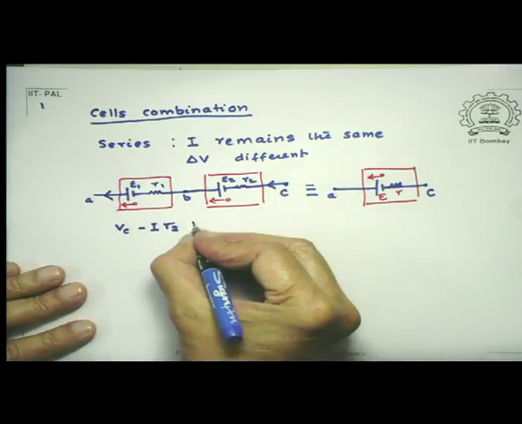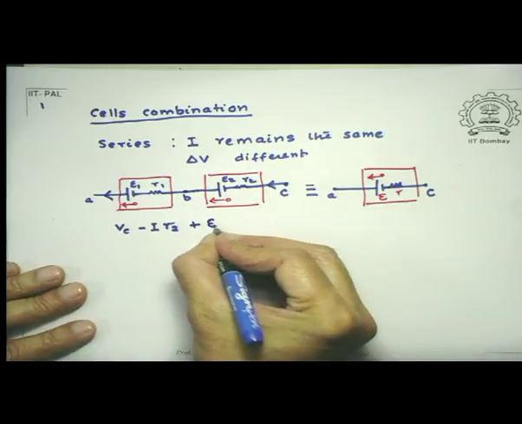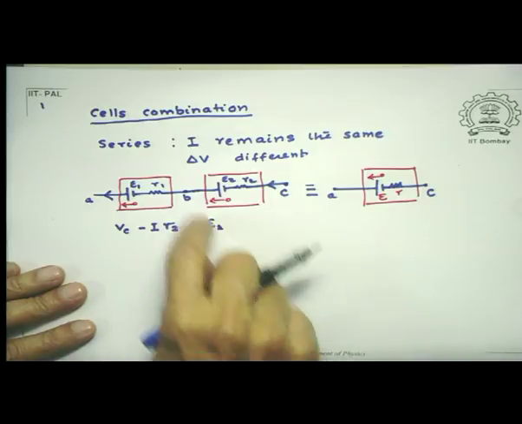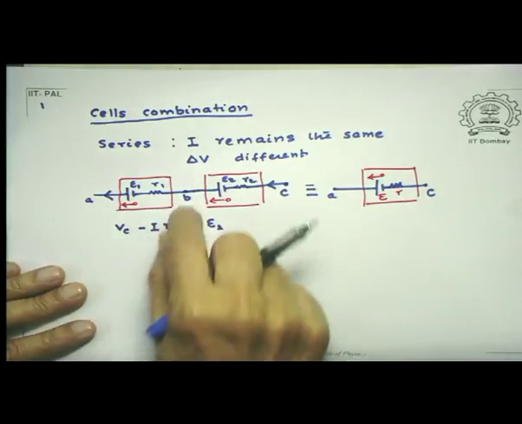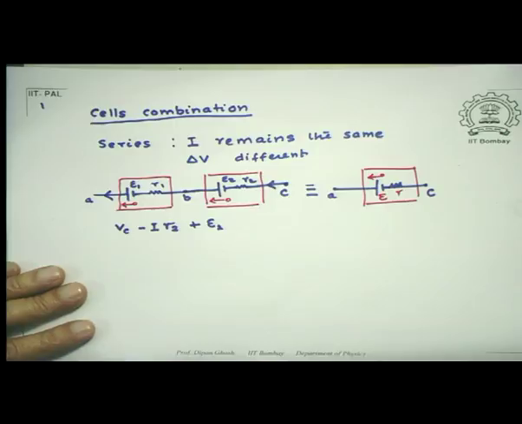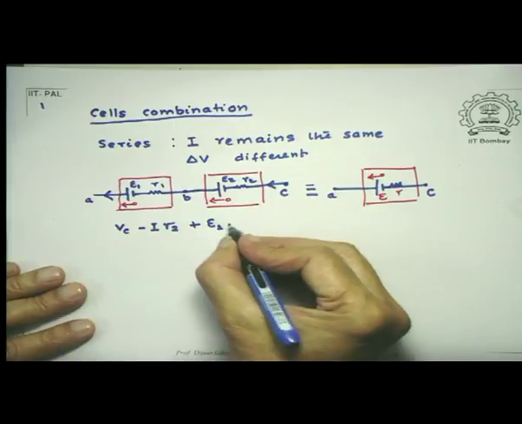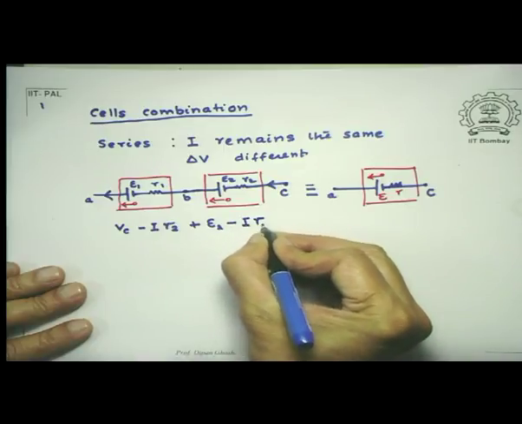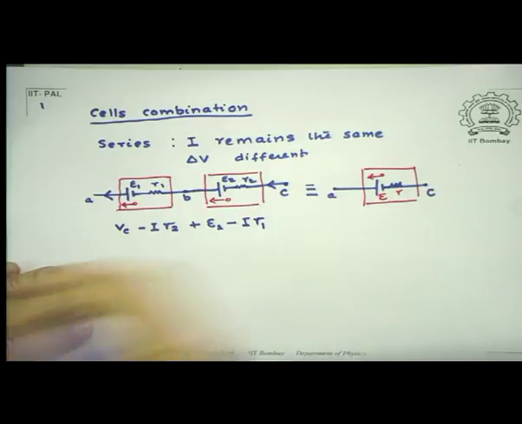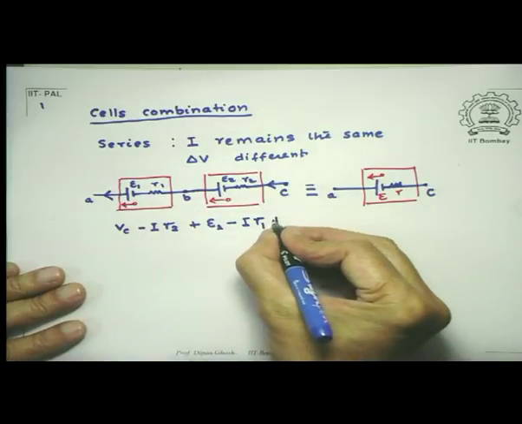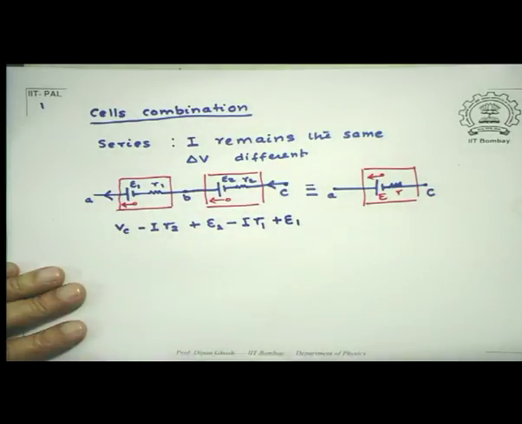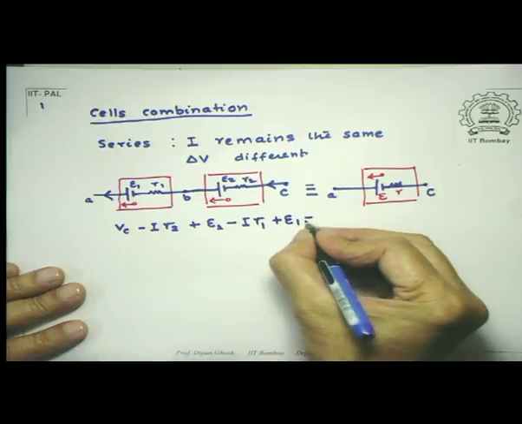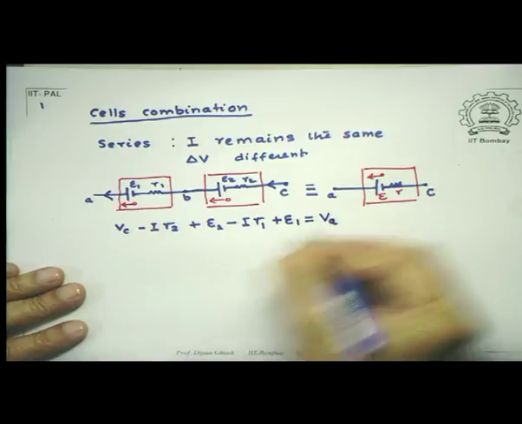So therefore my EMF has to be added here, so E2. So with this I have come to the point B. Then since this is a series connection, the current still continues to be the same, and the same current goes through R1, giving me a drop of minus IR1, and then again I add up another E1, and by that I have come to the point A.